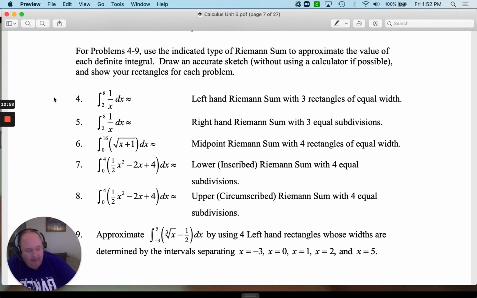So from 2 to 8, I'm just going to do a sketch of it. And what are we using? 3 rectangles. So for the first one, I'm going to go 8 subtract 2, and then divided by 3. So that's 6 divided by 3, so the width of each one is 2.